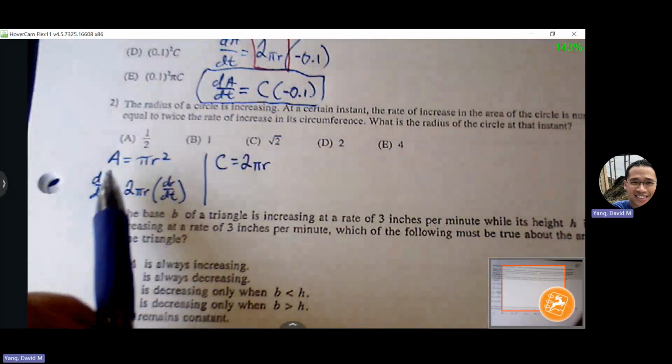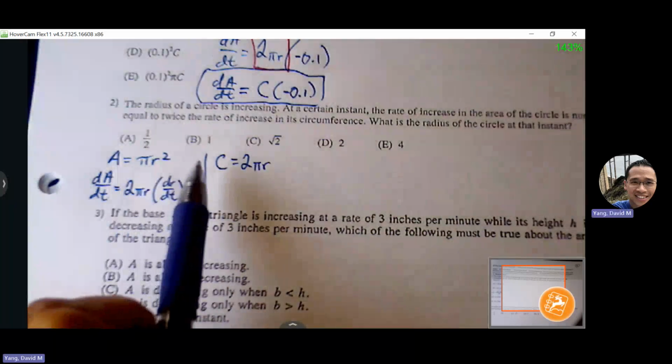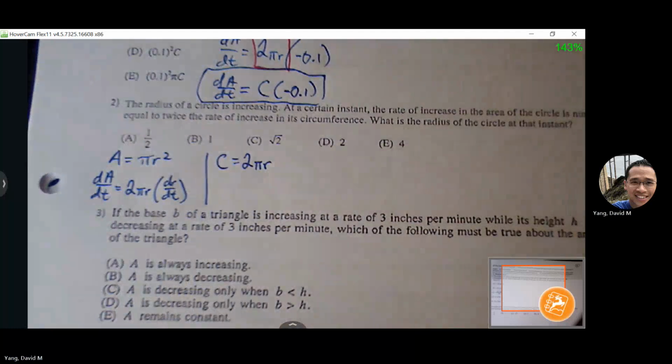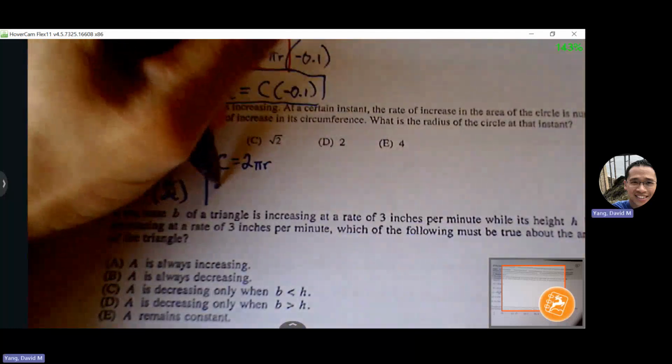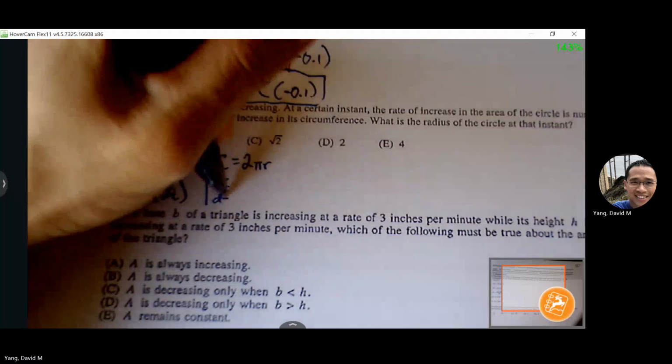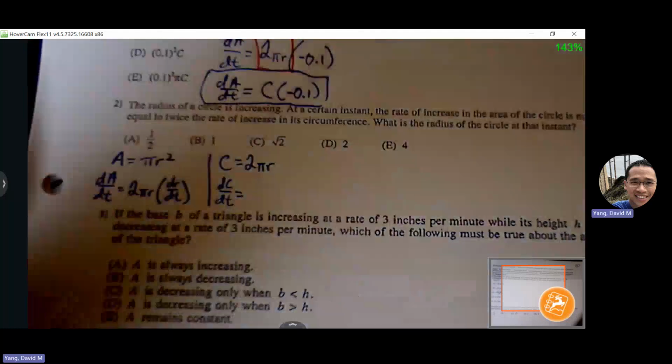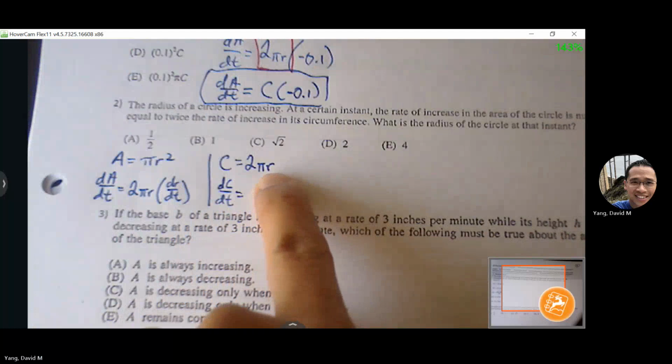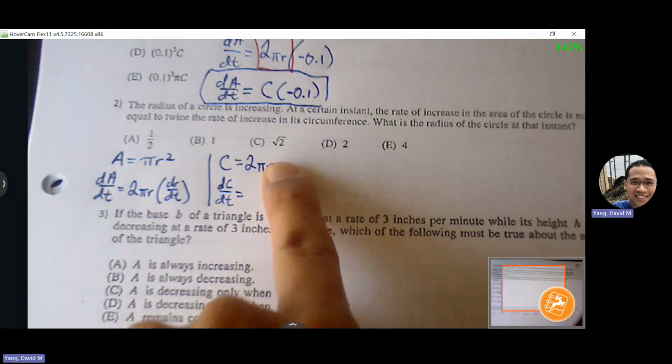Look at what we did with A. What do you think we can do with C? Yeah, dC over dt. Okay, 2 pi r becomes, what's 2 pi r's derivative? Good, 2 pi, because r is degree 1, so the r will drop out, but we are finding r's derivative, so we do need to include a dr/dt.